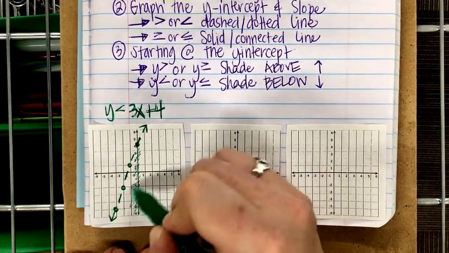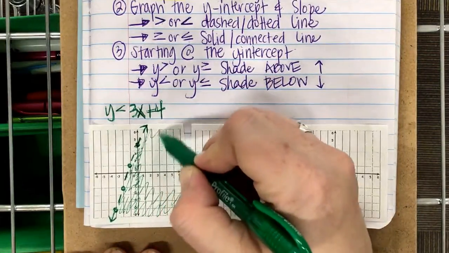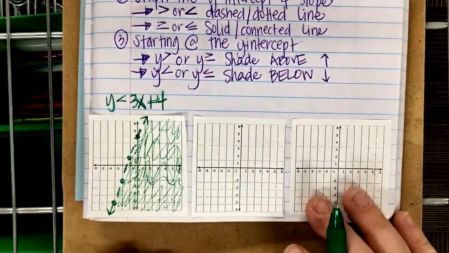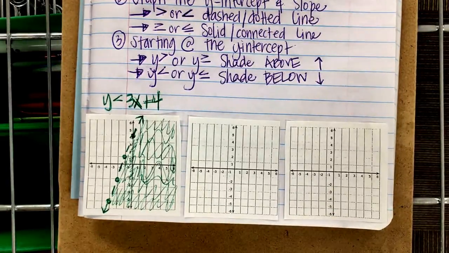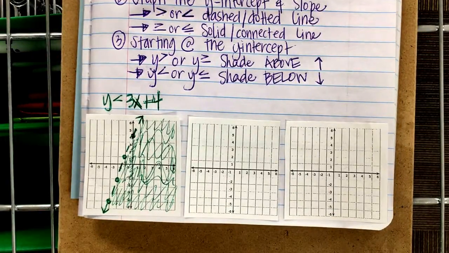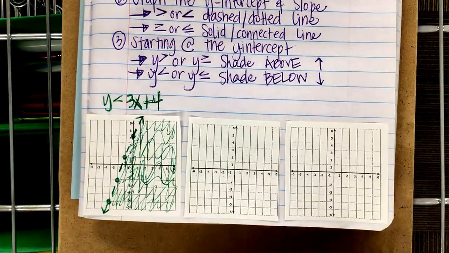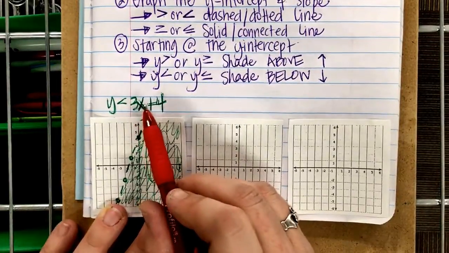So I shade everything below the line. Any ordered pair in that shaded area is a solution, an answer to the problem. Any ordered pair, like 4, 0, is an answer, makes this a true statement.